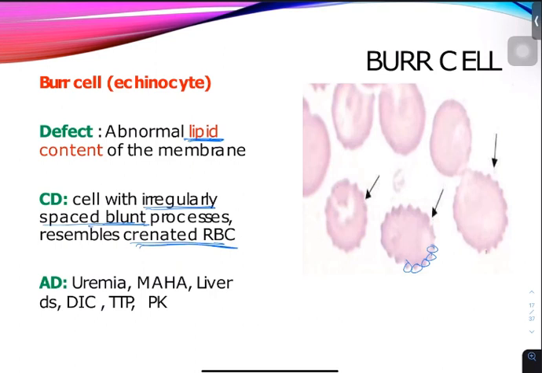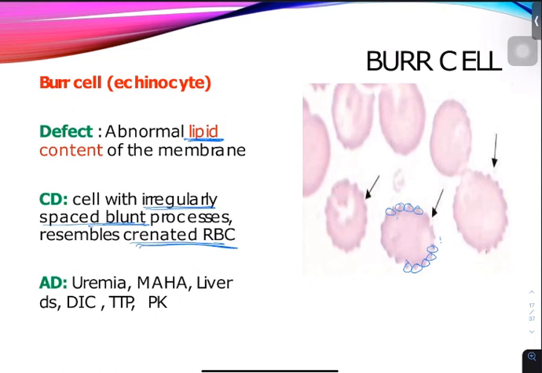But what is the difference between your Burr cell and your spur cell? This one is usually equal yung size ng projections, while your spur cell are irregular. Uneven. Okay?